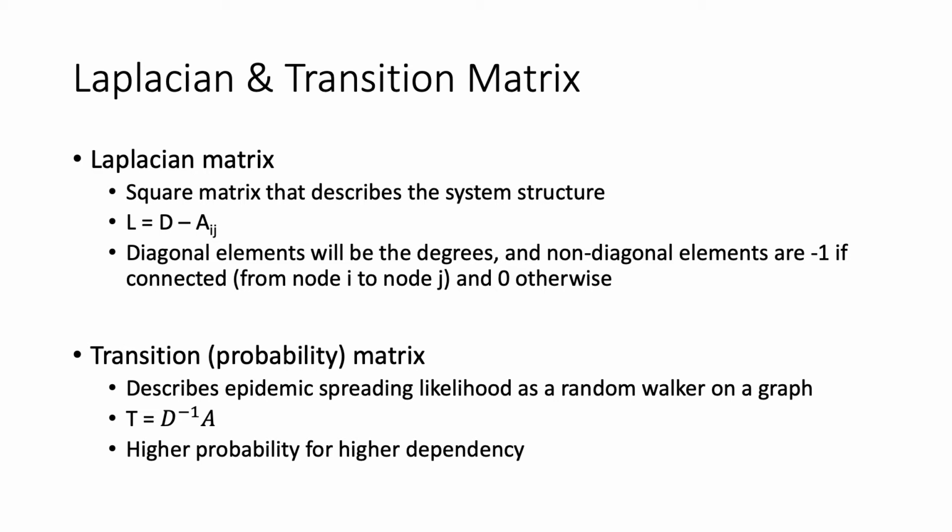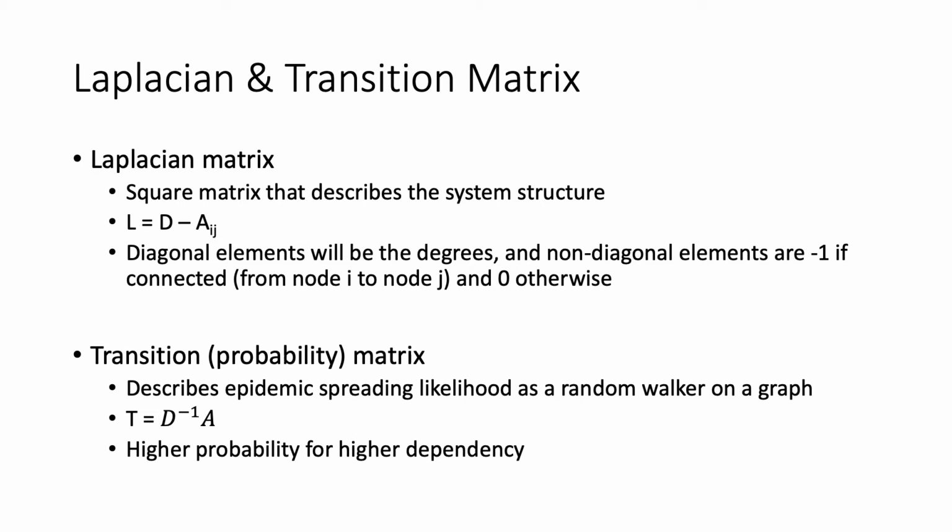And so assuming we start with a basis vector e, the random walker's probability distribution at time k will be equal to e times the transition matrix to the power of k.